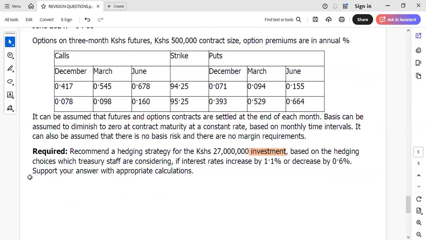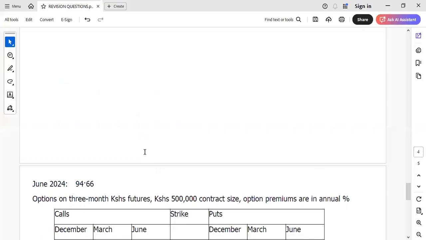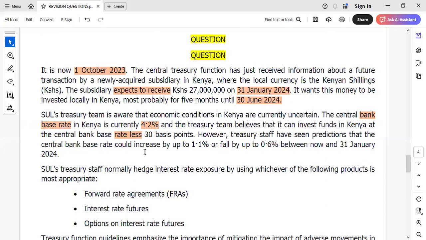Okay, scenario where our interest rate has increased. If the interest rate increases by 1.1%, let me see, initially what was the rate?